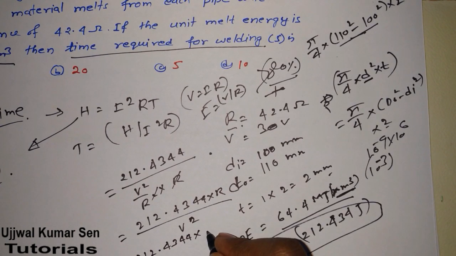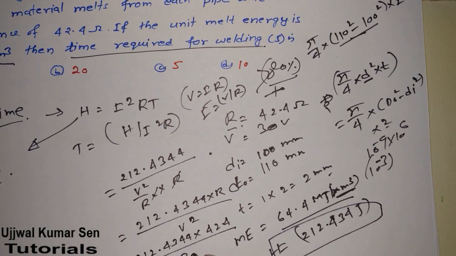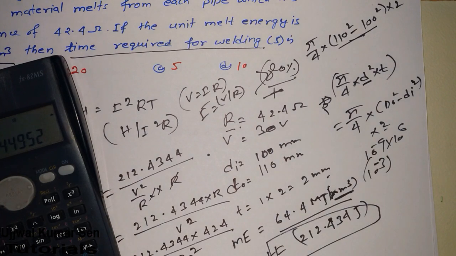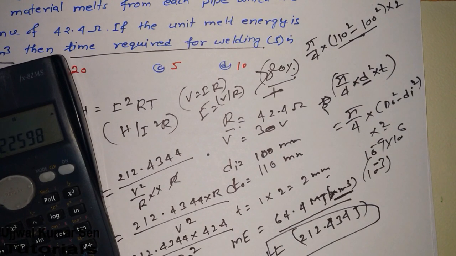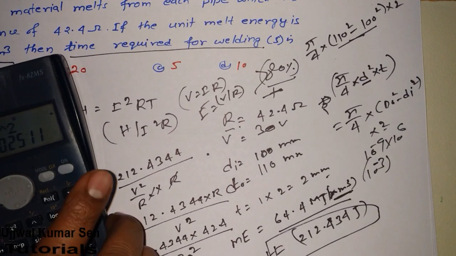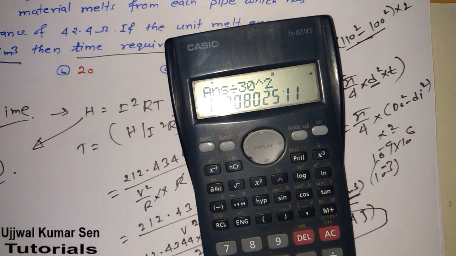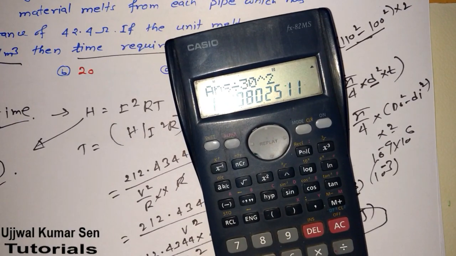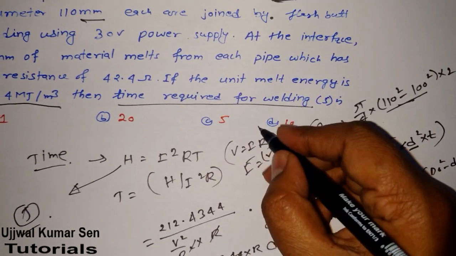R is 42.4, and V is 30 square. So I multiply 42.4 divided by 30 square. You can see the value I am getting: 10.00 second. So the answer is D.